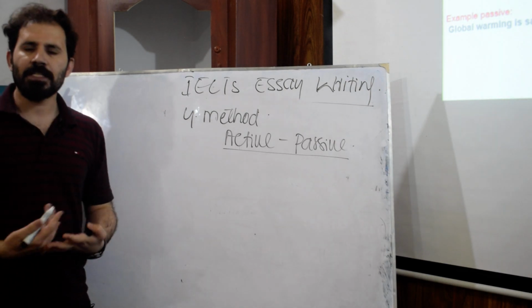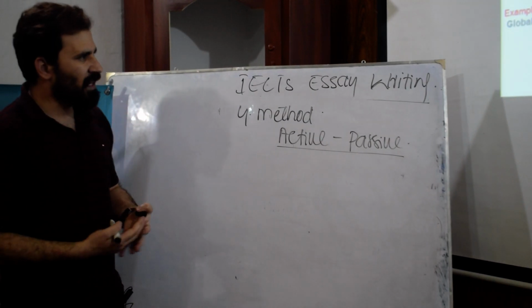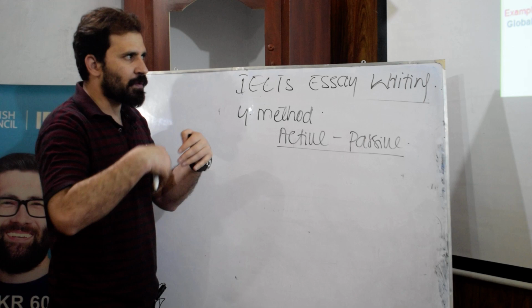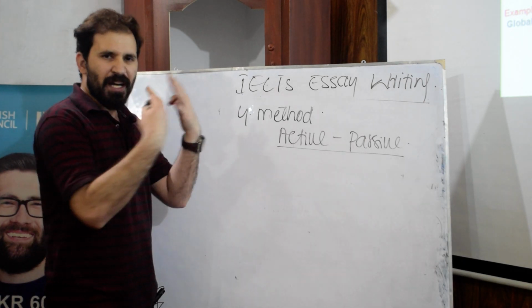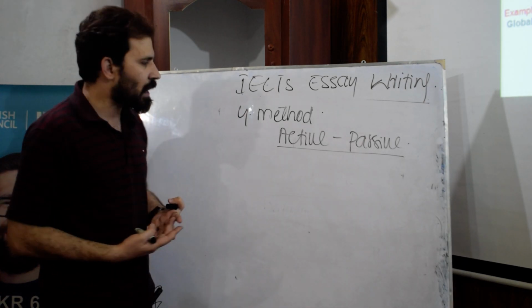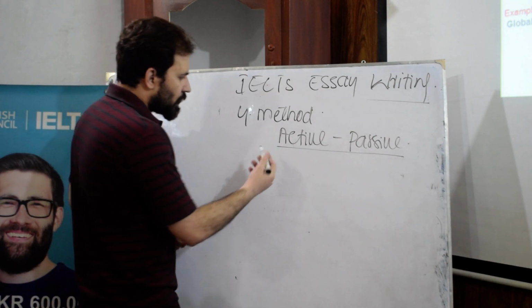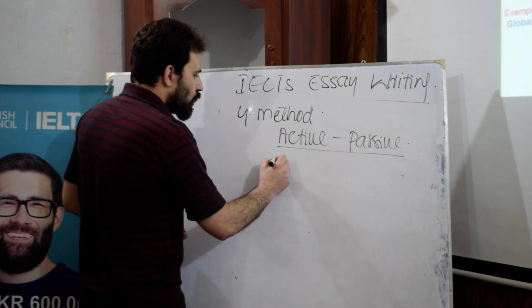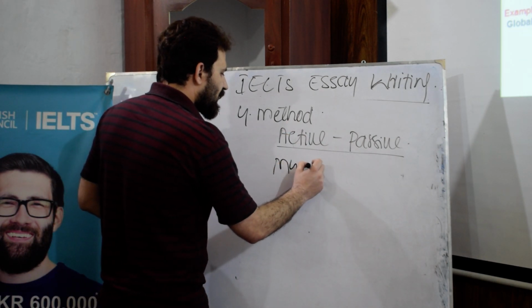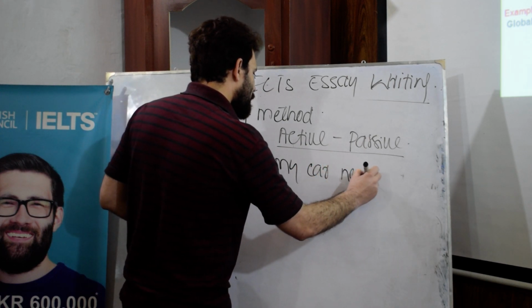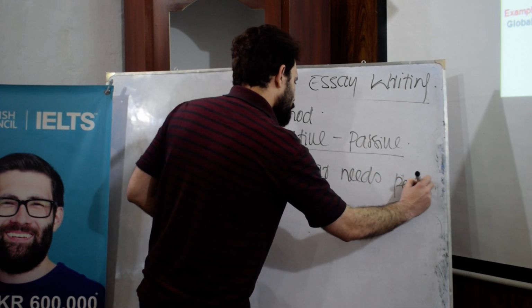You can use the active passive method. Let me first explain it here, then we will come to more practical IELTS examples of how they can give us questions. For example, as I gave you earlier, my car needs petrol.